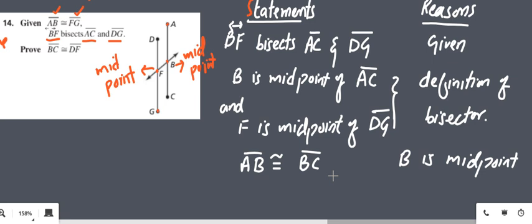Similarly, as F is the midpoint, instead of writing it further, we can write it in terms of equality that AB equals BC by the definition of congruency.